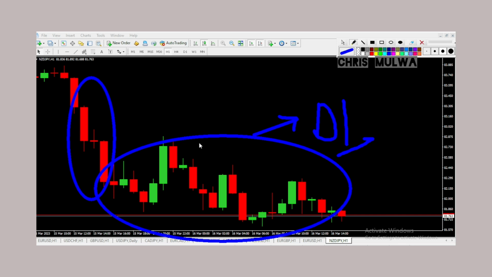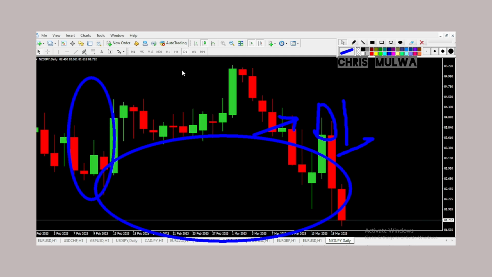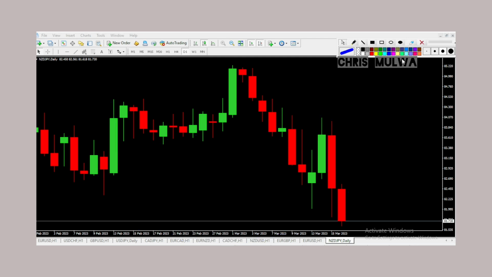Now if we go to the daily time frame, this thing that we have drawn like this is this candlestick. Only this candlestick. You get it?